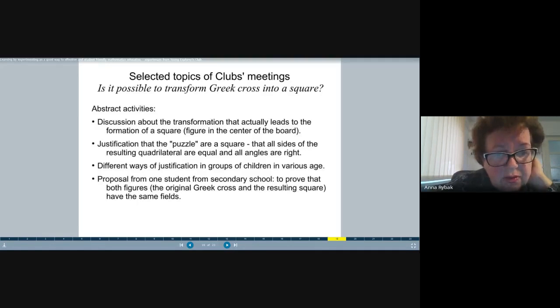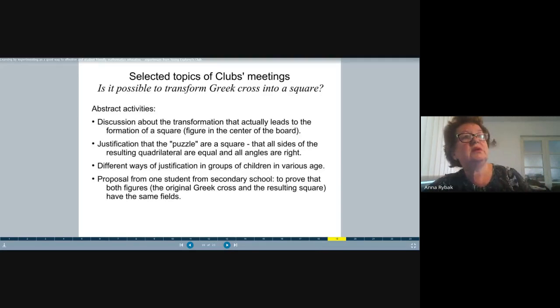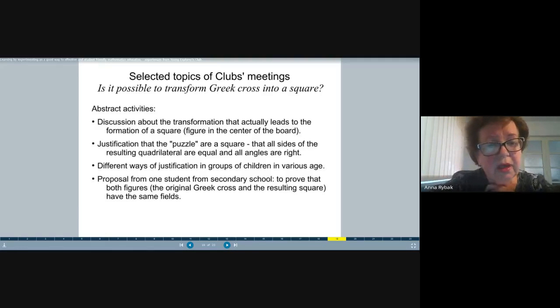And also one student from secondary school proposed to prove that the areas of both figures are the same. Not only that we obtained the shape of a square, but also the areas.